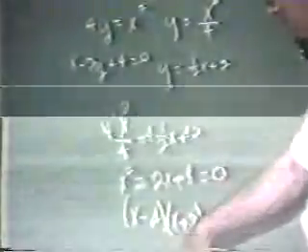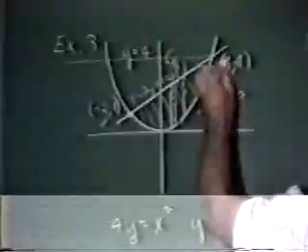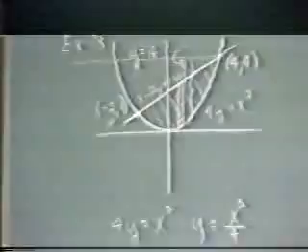So x then is equal to a minus 2 from here and a positive 4 from here. So these points of intersection on the graph, x is minus 2, and over here x is 4. And that's how we come up then with the limits of minus 2 and 4.